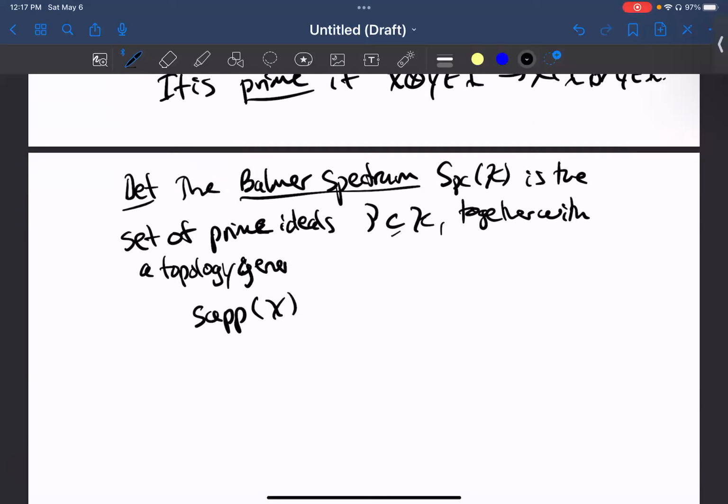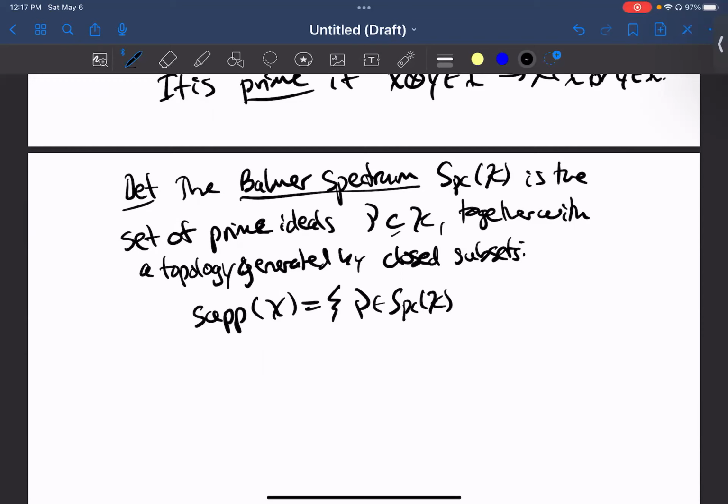So it's generated by closed subsets, where we take the support of X to be those primes P such that X is not in P, for X an element of K.